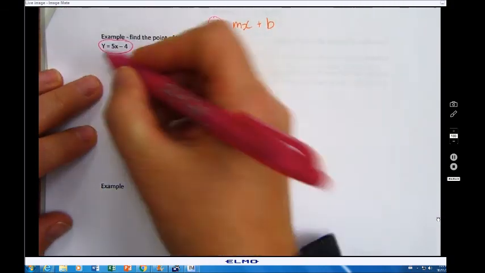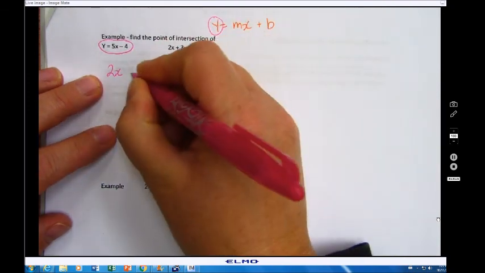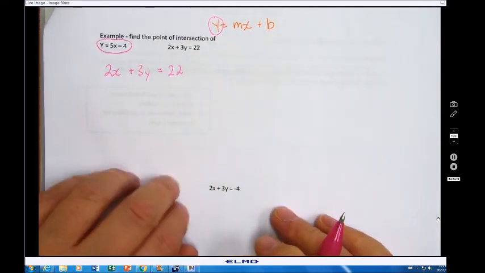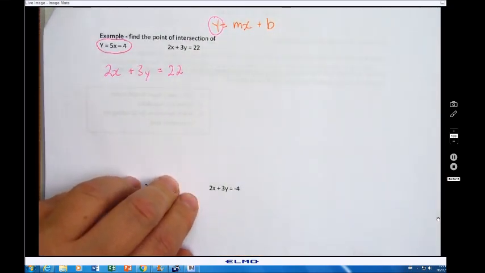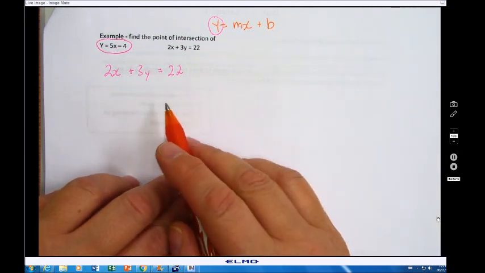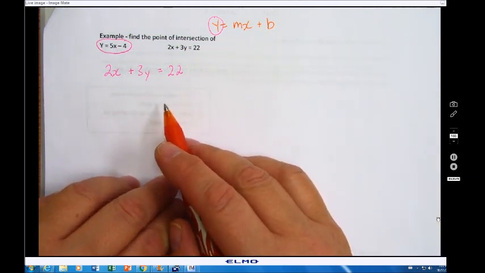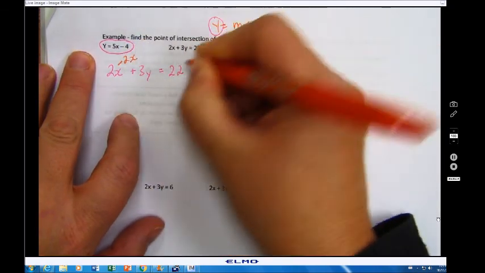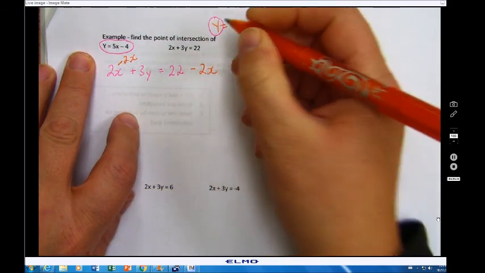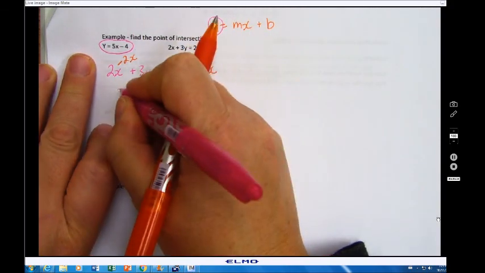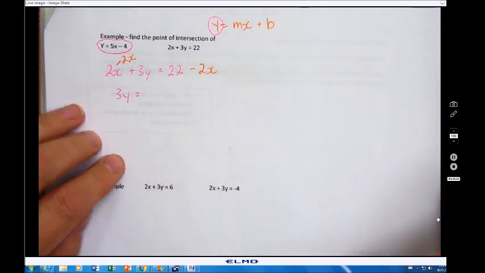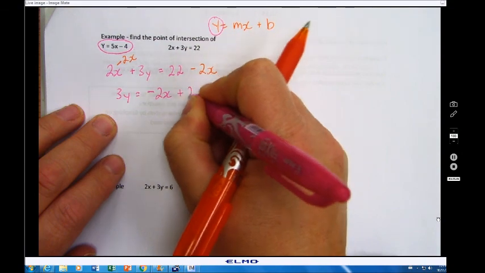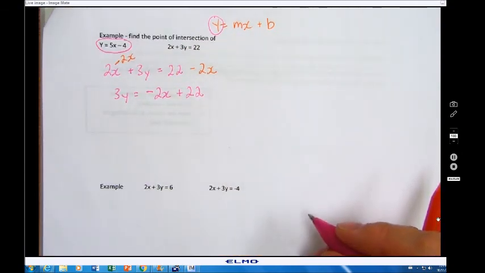The second one we need to get y by itself. So the first thing we can do is move x to the other side, so we can minus 2x, and that would give me 3y equals, and I'll write negative 2x plus 22, just to put it in that format.